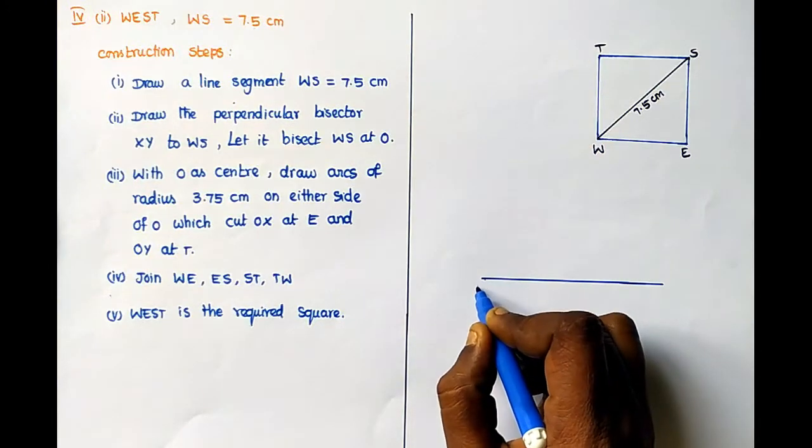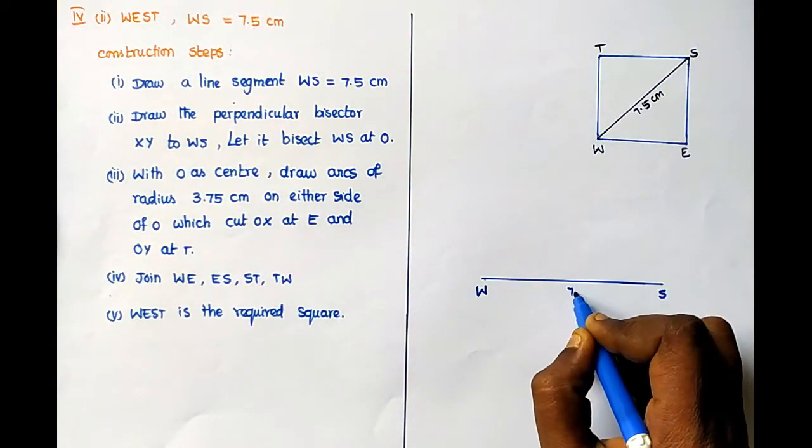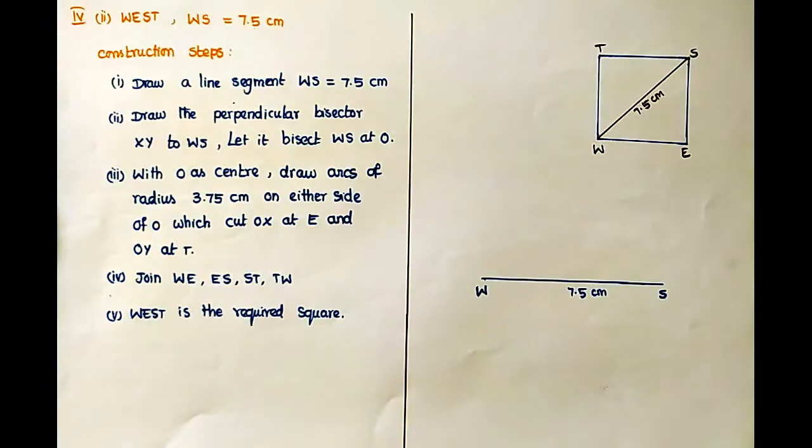WS, 7.5 centimeter. And next step, what is that? Draw the perpendicular bisector XY to WS. Let it bisect WS at O. How will you draw the perpendicular bisector?